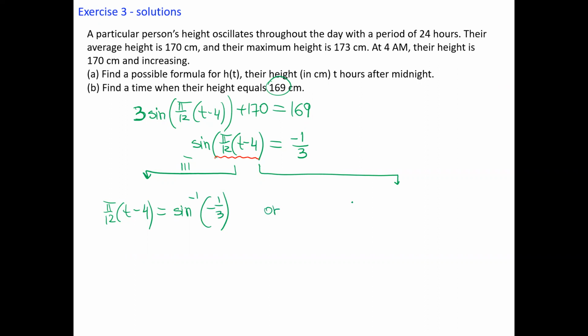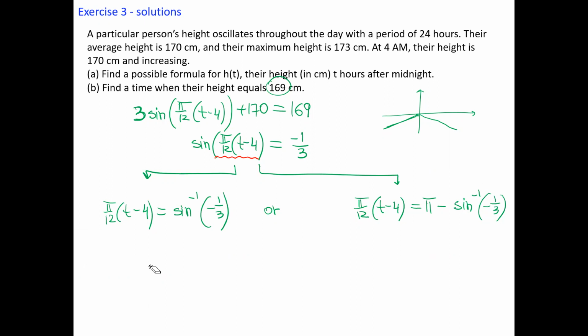Or that theta, pi over 12 (t minus 4), equals, because if this is the angle, I can draw it, the third quadrant will give us that angle. But for the fourth quadrant, we will say pi minus inverse sine of.